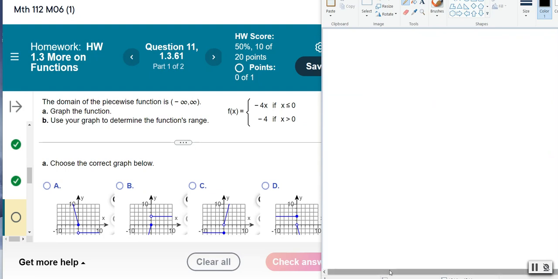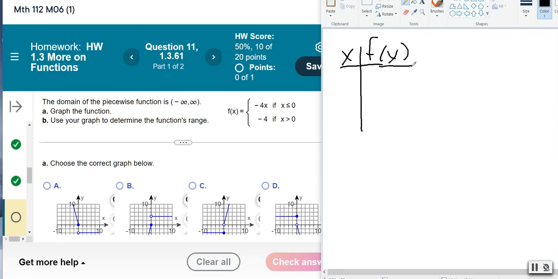Now in this one, they've asked me to graph the piecewise function and to determine the range that the graph covers. Now, to graph a piecewise function, the best thing to do is to make a chart, x, f of x, or x, y.